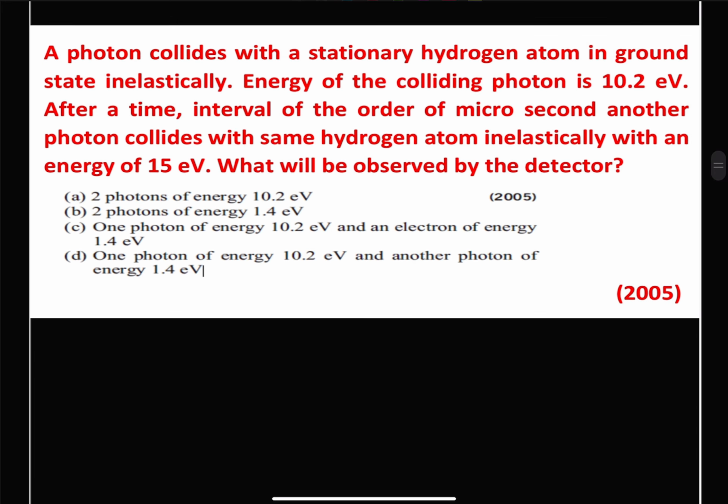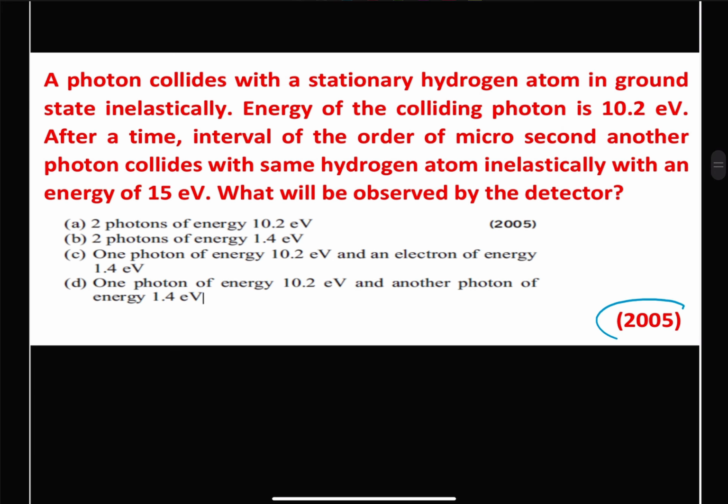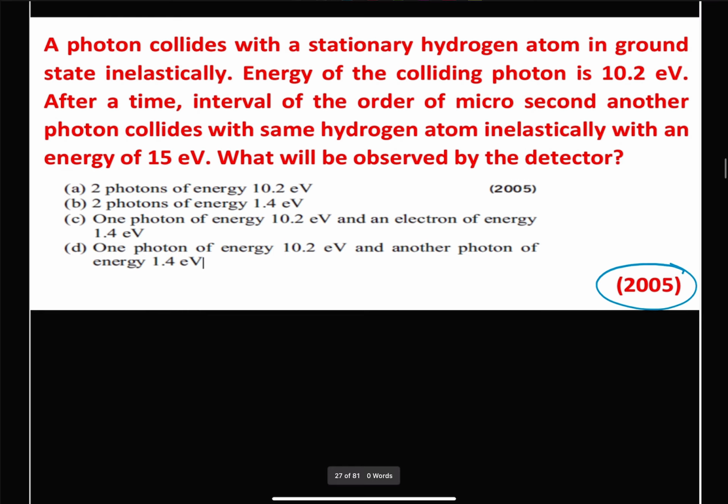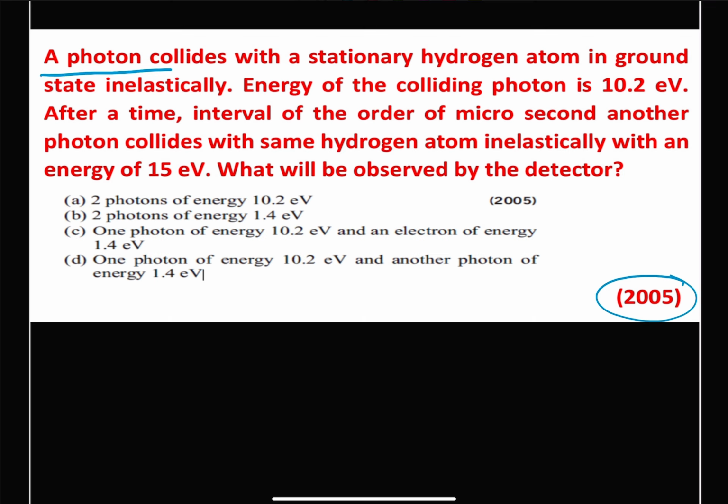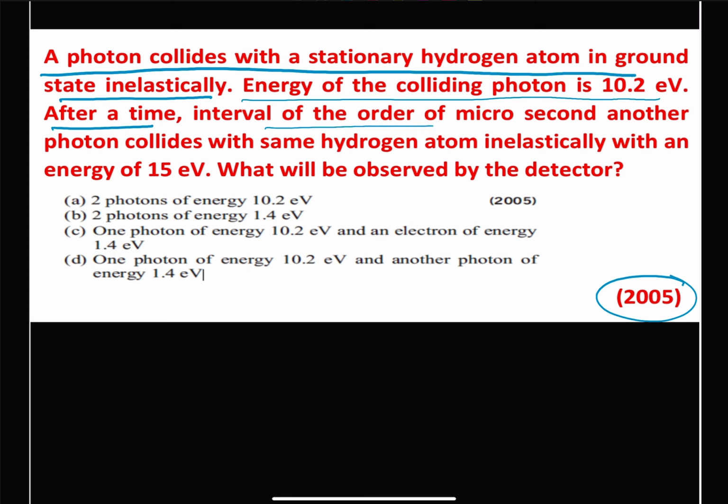Next question, it was asked in the year 2005, and it states that a photon collides with a stationary hydrogen atom in ground state inelastically. Energy of colliding photon is 10.2 electron volt. After a time interval of order of microsecond, another photon collides with the same hydrogen inelastically with an energy of 15 electron volt. What will be observed by the detector?